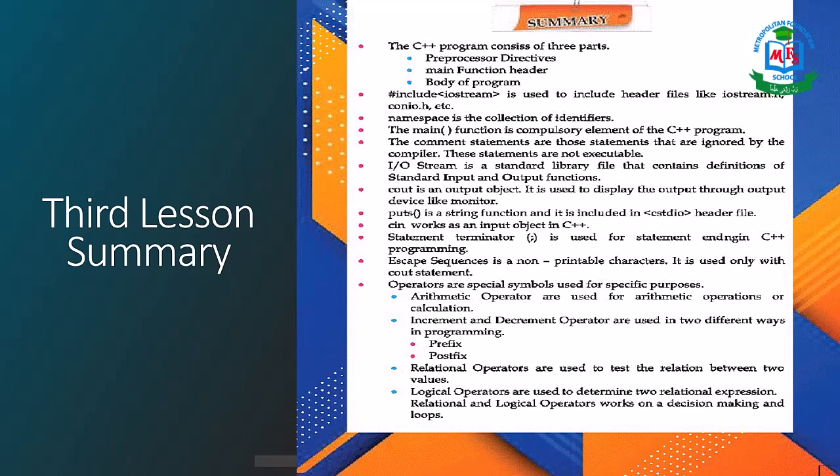Third lesson summary. A C++ program consists of three parts: preprocessor directive, main function header, and body of the program. Include iostream is used to include header files. Namespace is the collection of identifiers.